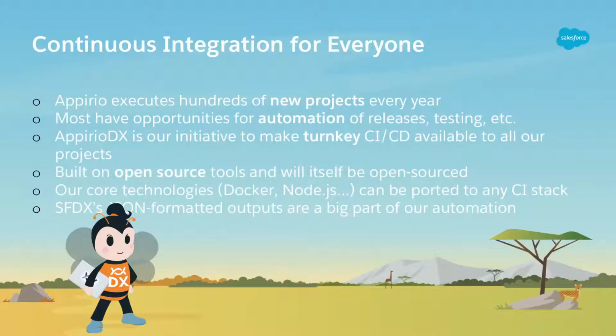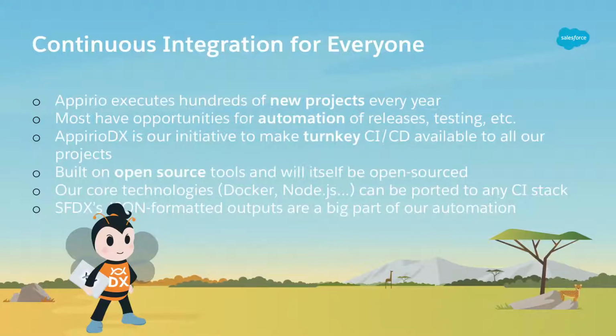So we execute hundreds of new projects every year at Appirio, and most of those projects have opportunities for automation in areas such as testing, releases, etc. So Appirio DX is our initiative to make turnkey continuous integration, continuous delivery available to all our projects.